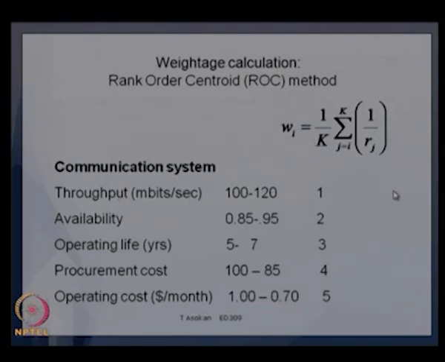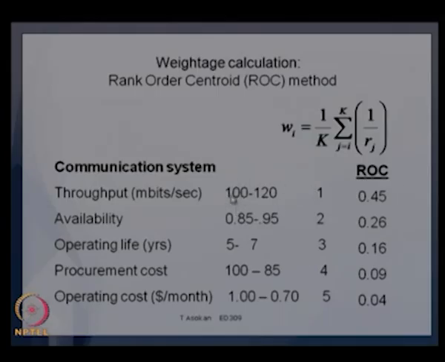When you use the rank order centroid method, we will get the weightage W1 as 0.45, W2 as 0.26, W3 as 0.16, W4 as 0.09 and W5 as 0.04.